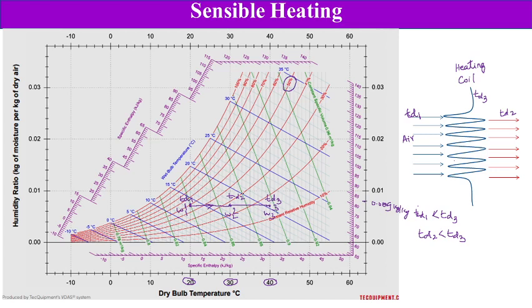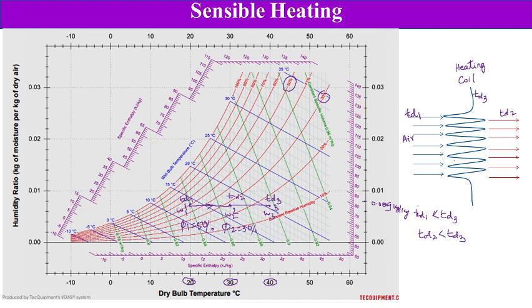Relative humidity at point 1, phi 1, is 50%, whereas the relative humidity at point 2, phi 2, is approximately 30%. So in sensible heating, the relative humidity decreases, and the dry bulb temperature is going to increase, but the specific humidity remains constant, whereas enthalpy is going to increase.